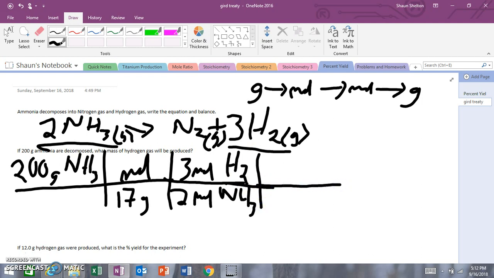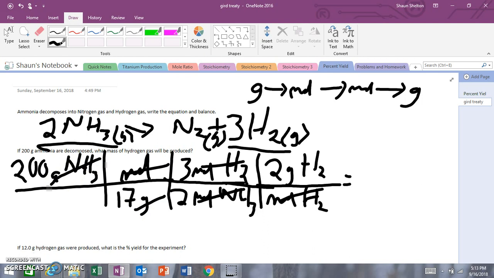So you're using the molar mass. Molar mass of hydrogen is 2 grams per mole. So the moles cancel out here, these moles cancel here, and then this gram cancels here. So 200 divided by 17 times 3 divided by 2 times 2 is going to equal out to be 35.3 grams of hydrogen.